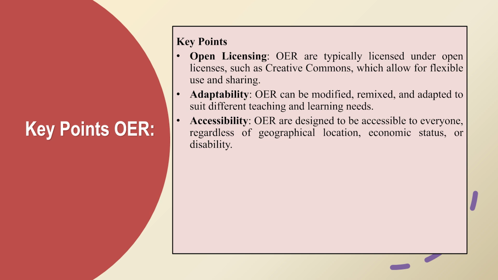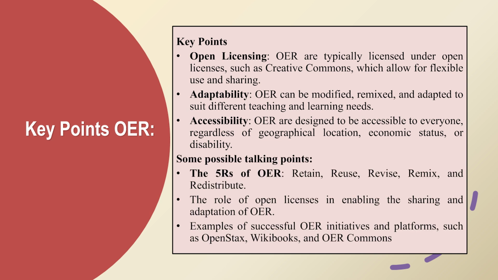Accessibility: OER are designed to be accessible to everyone, regardless of geographical location, economic status, and disability. Some possible talking points, the 5 Rs: retain, reuse, revise, remix, and redistribute. So the role of open license is enabling sharing and adaptation of OER.